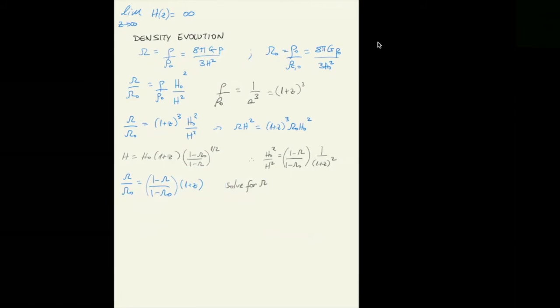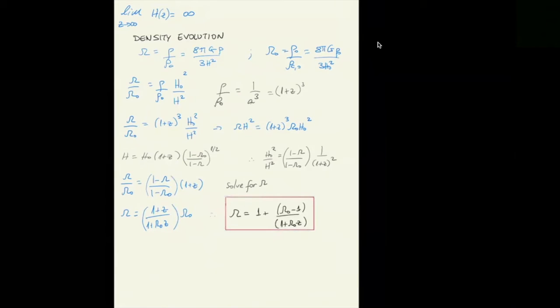Now if you solve this for Ω, you find Ω is equal to (1 plus z) over (1 plus Ω0 z) times Ω0, which you can simplify to Ω is equal to 1 plus (Ω0 minus 1) over (1 plus Ω0 z).